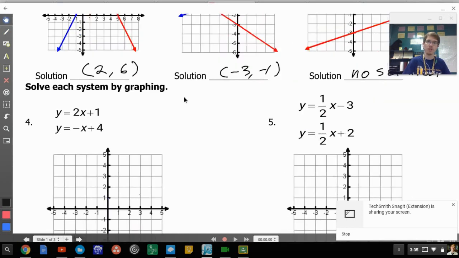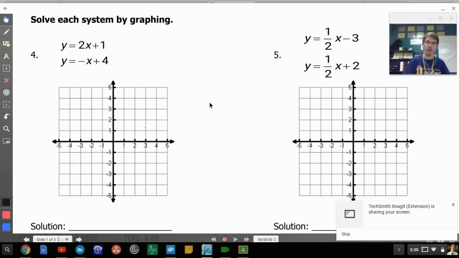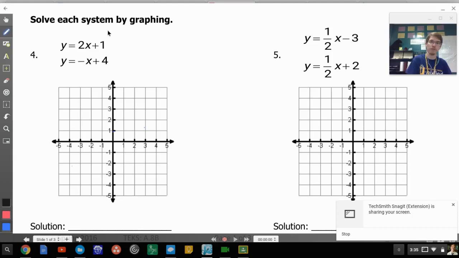Starting at number 4, solve each system by graphing. First I'm going to graph this one right here. Starting at 1, up 2 over 1, down 2 over 1. There's line 1.